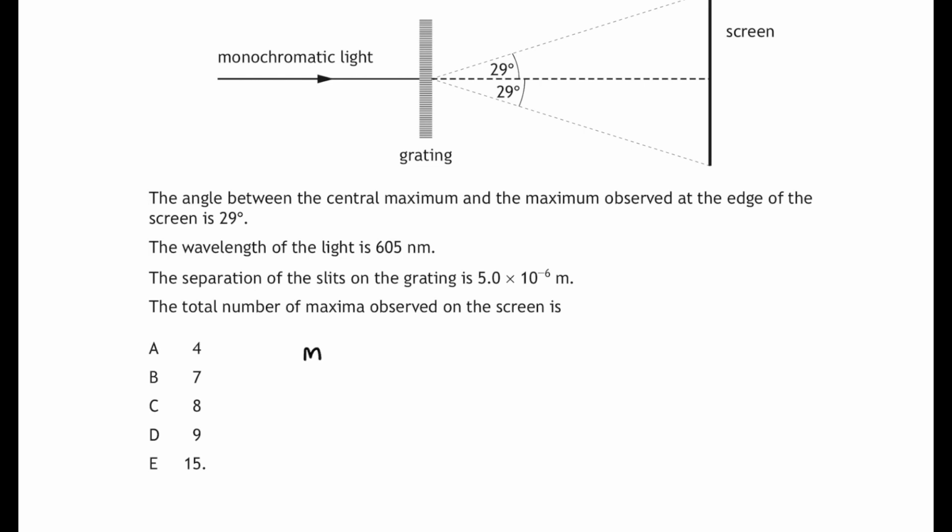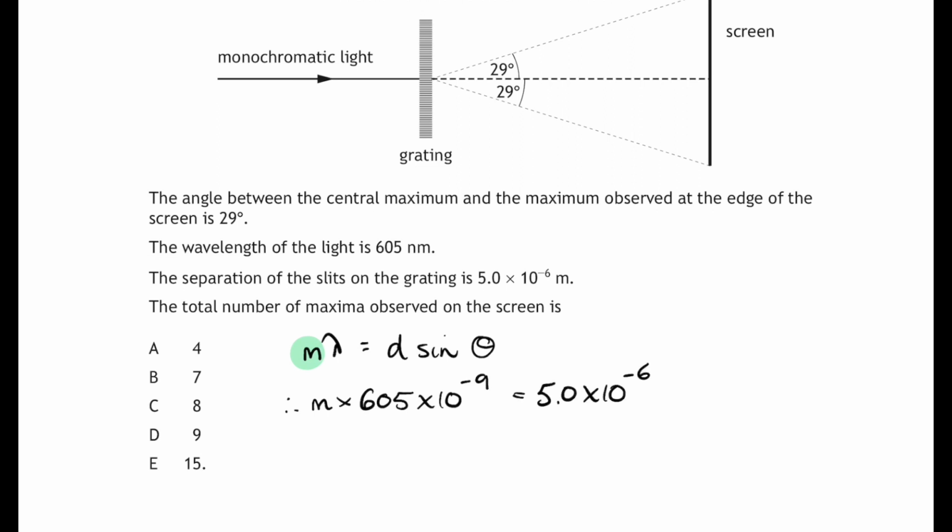Well, we better start off with our grating relationship, m lambda equals d sine theta. If we're looking for the total number of maxima observed, then it's m that we're looking for. So let's sub in everything else. The wavelength is 605 nanometers, and small d, the slit separation, is 5 times 10 to the minus 6, times sine 29, and we're only working with half of the diagram here.